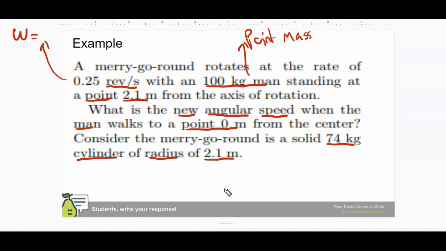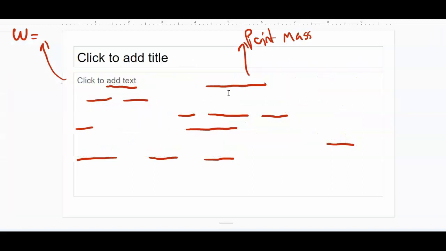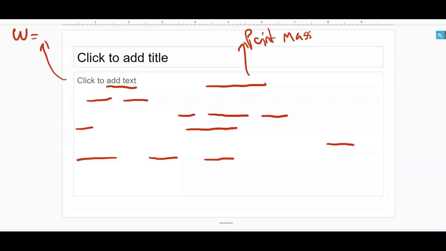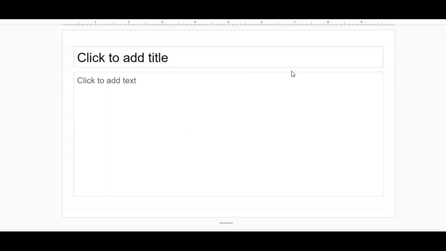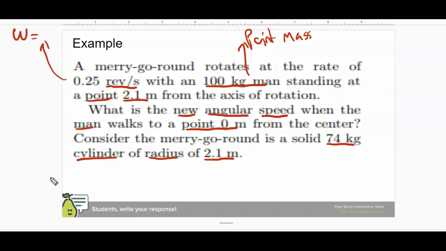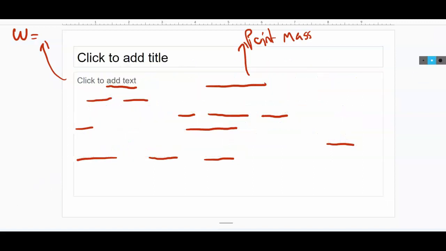There's a lot going on here, so let me open up a new slide. This is a situation where we have conservation of angular momentum. So we have here the initial omega, which is 0.25 revolutions per second.